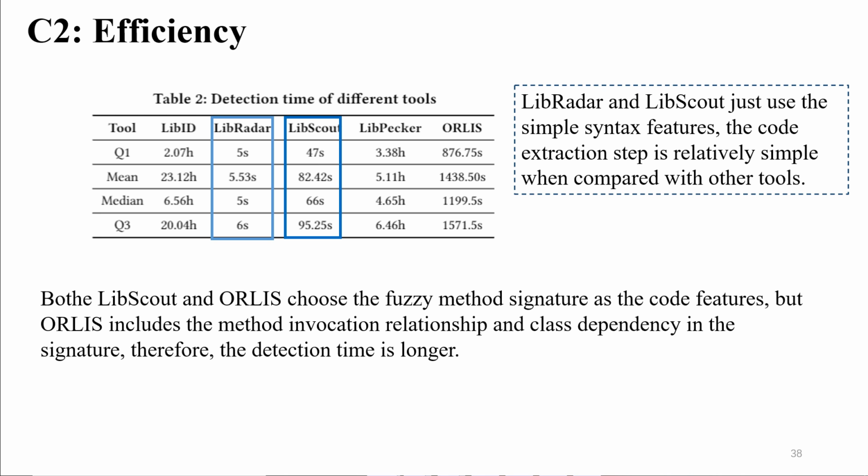Extracting these features is usually time-consuming. And we can see LibScout and Aurelians actually use the same code feature, that is, the fuzzy method signature, but Aurelians includes method invocation relationships and class dependency in the signature. Therefore, the detection time is longer.